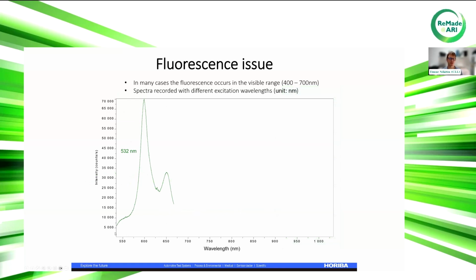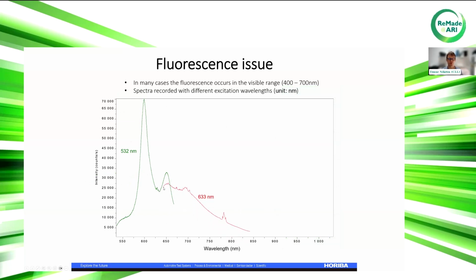So here we can see we're exciting at 532 nanometers, somewhere here. This is a spectrum of some polymer. And we see that there is a very broad, strong signal which comes from the fluorescence, and there are some narrow bands which are actually the Raman signal which we are interested in.